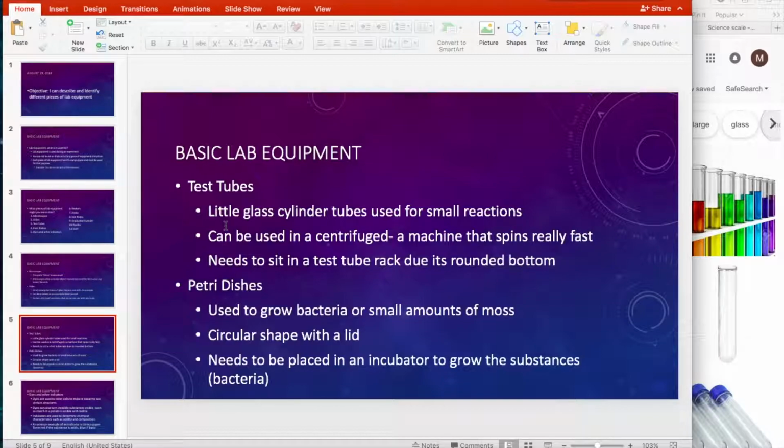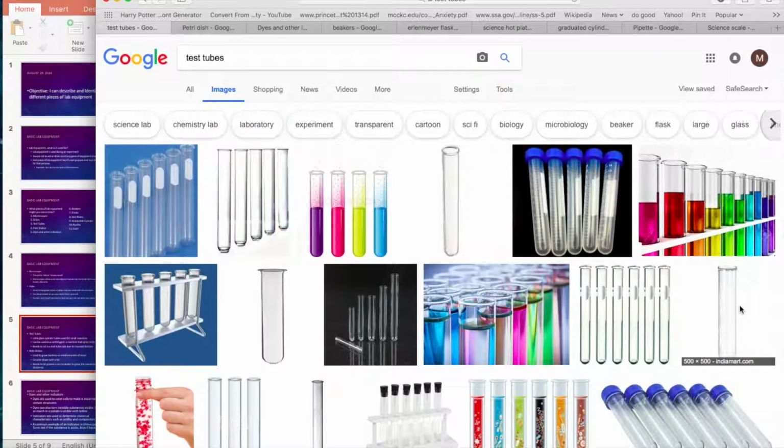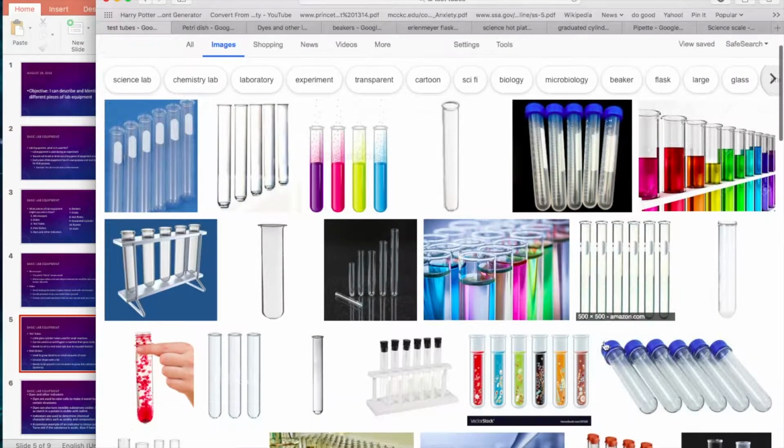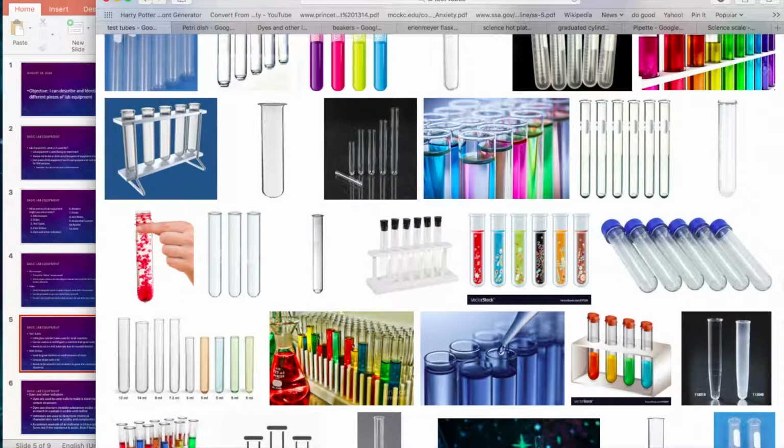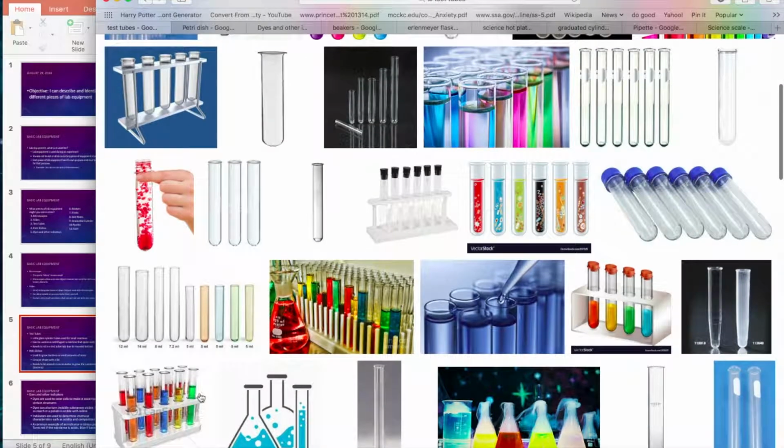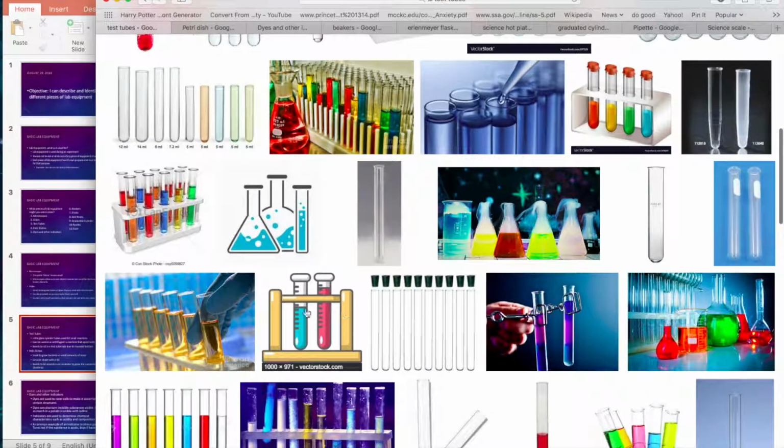So if we look at these, for example, these are all rounded bottoms, but in order for them to stand up in real life, you need this thing called a test tube rack. They are usually wooden, sometimes they can be plastic. So this is a test tube, and this would be a test tube rack.